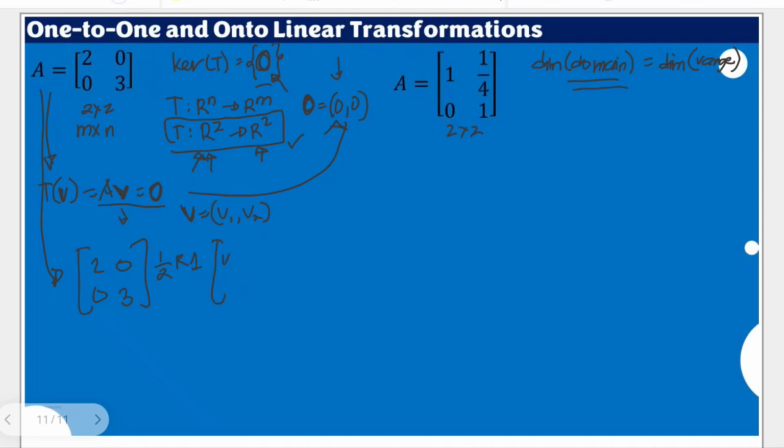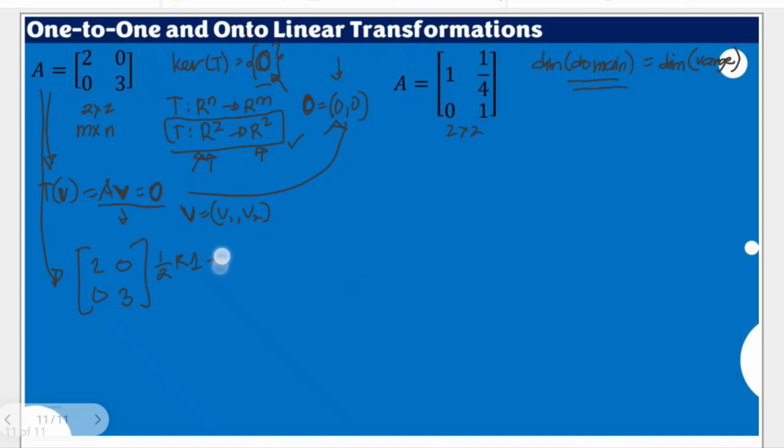Aside from number one, of course, we need to practice, so that if we have a different form of matrix, it will be easier for us. But at the same time, the reduced row echelon form could also be beneficial in determining the onto linear transformation.